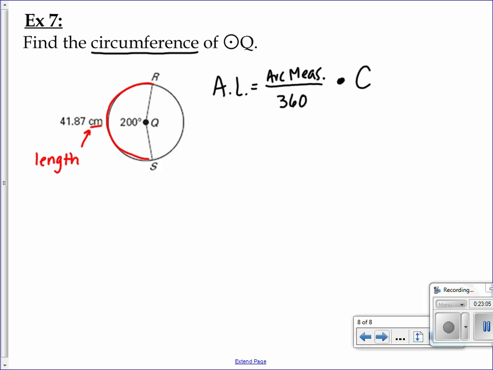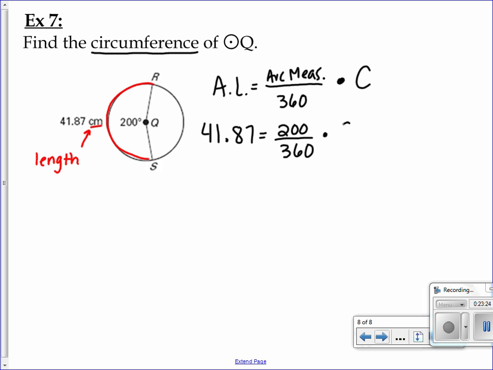I'm not necessarily looking for the radius. I'm not necessarily looking for the diameter. I'm just looking for the circumference. So I'm not even going to write the circumference formula out. So let's plug in everything we know. We know the arc length is 41.87. I know the arc measure is 200. That's over 360.